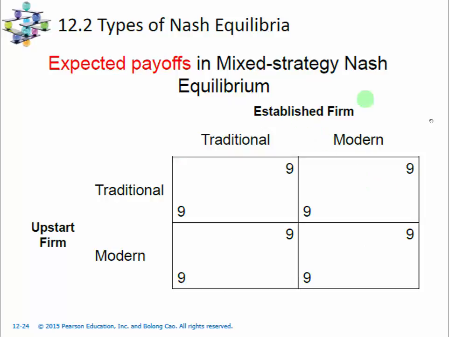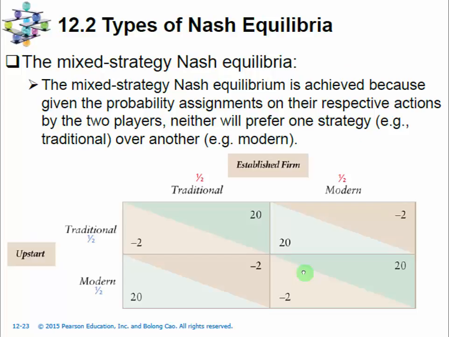So when the established firm is also playing the mixed strategy, playing either traditional style or modern style, the upstart firm also gets an expected payoff of 9. Both players are indifferent between choosing the two different strategies. That makes the mixed strategy Nash equilibrium an equilibrium. No player wants to deviate. Let's go back a little bit.